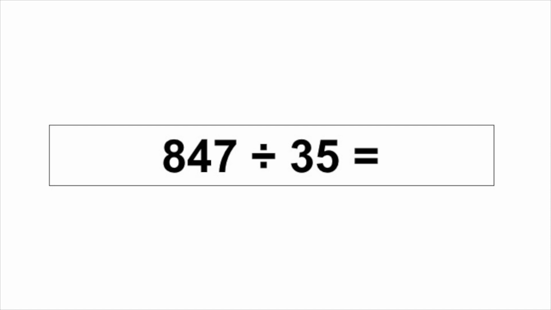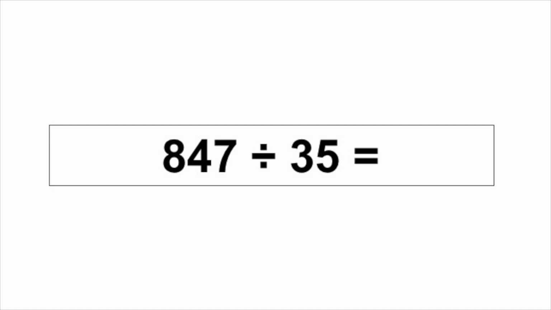Then multiply. 4 times 35 equals 140. And then subtract 147 minus 140 equals 7. And now bring down. But nothing left to bring down. What does that mean we have to do with 7? Remainder 7.